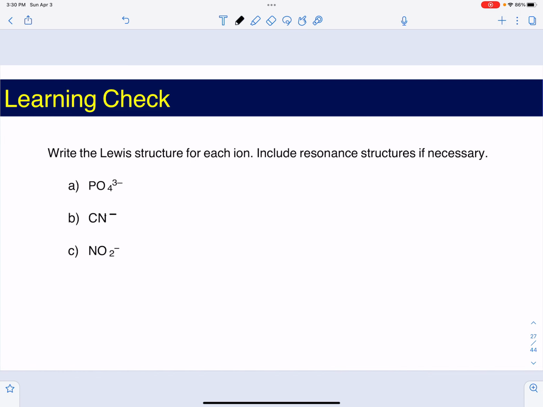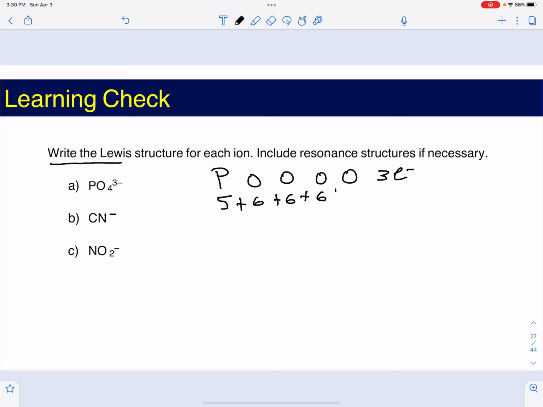And we're going to do that by beginning by writing the Lewis structure. So let's do PO4 3 negative, or phosphate. So we're going to have phosphorus, 4 oxygens, and 3 electrons, right? Because it's 3 negative. So we're going to have 5 valence electrons plus 6 plus 6 plus 6 plus 6 plus 3.